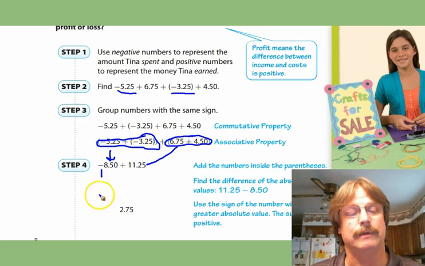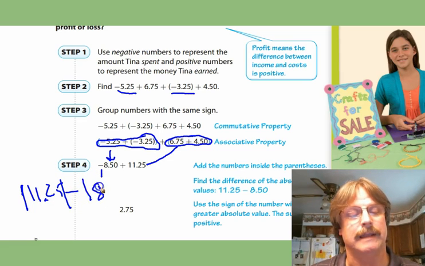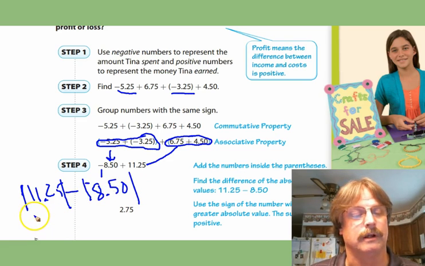And now we go ahead and we use our rules that we had just learned about: take the absolute value of 11.25 minus the absolute value of negative 8.50, and that's going to come up to 11.25 minus 8.50.